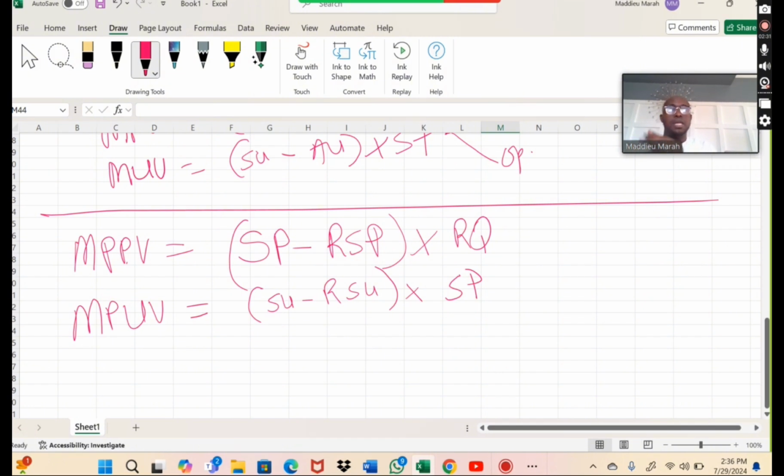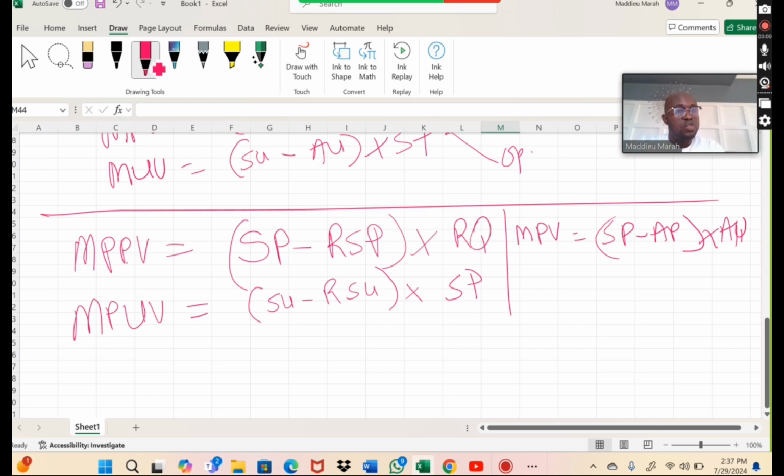Okay. Now let's do some comparison with the basic standard. The basic formula for material price variance, as calculated earlier, is standard price minus actual price multiplied by actual quantity. So what do you notice? Good. We replaced the revised with actual. That's the only difference. Still the same formula, just replace revised with actual.